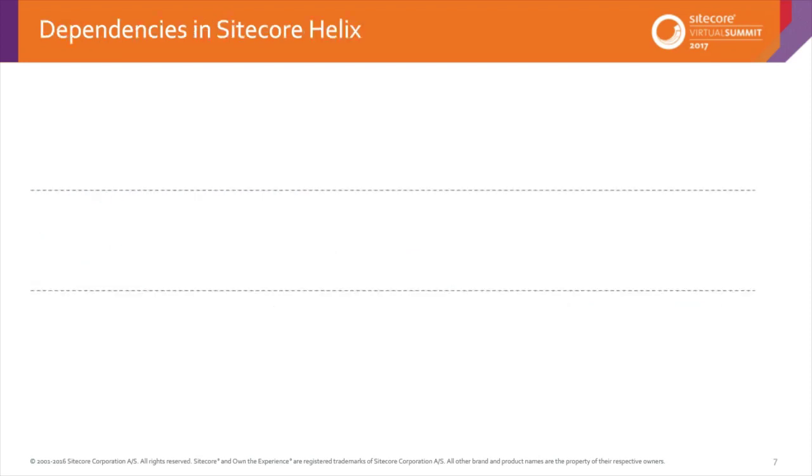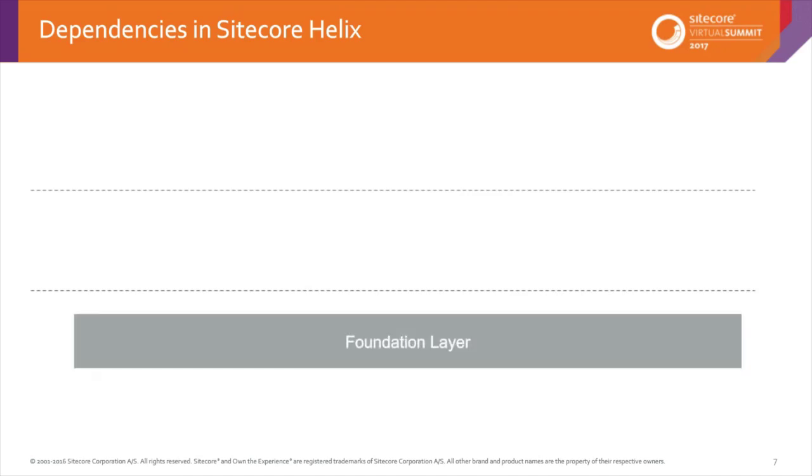Really quickly, dependencies in Sitecore Helix. A quick recap of the layer convention in Sitecore Helix. So first, we have the foundation layer. This is the most stable layer. This is where your stable modules should go. We have the feature layer.